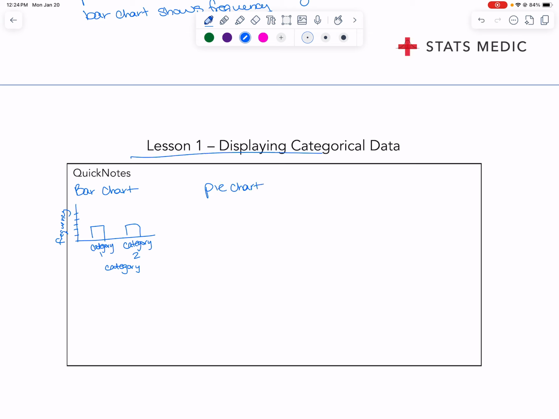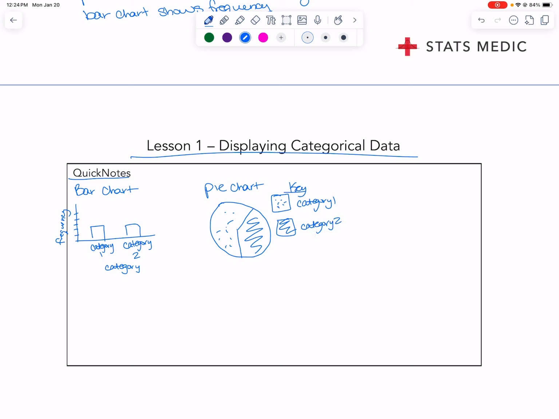And the idea behind these quick notes is that you would use this to study for the quiz or the test. So you'd have one shaded this way and one like dots, right? And then dots is category 1, and shading is category 2.